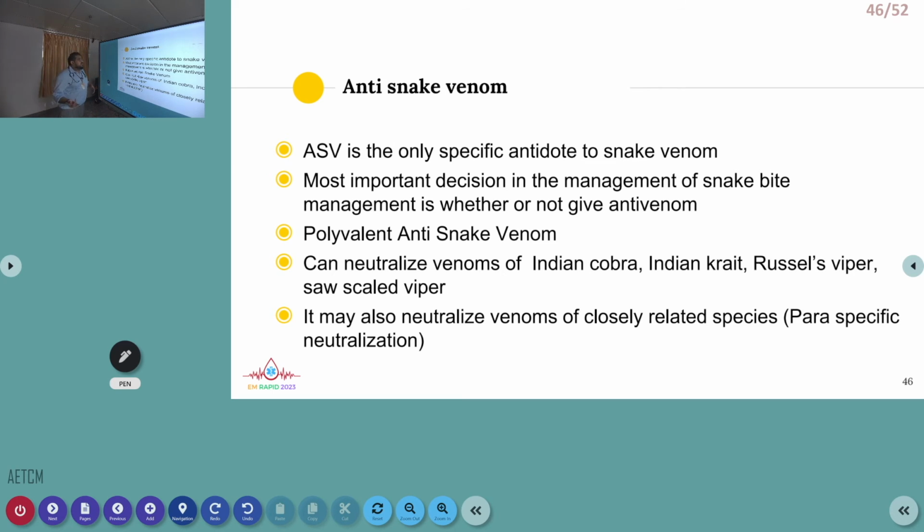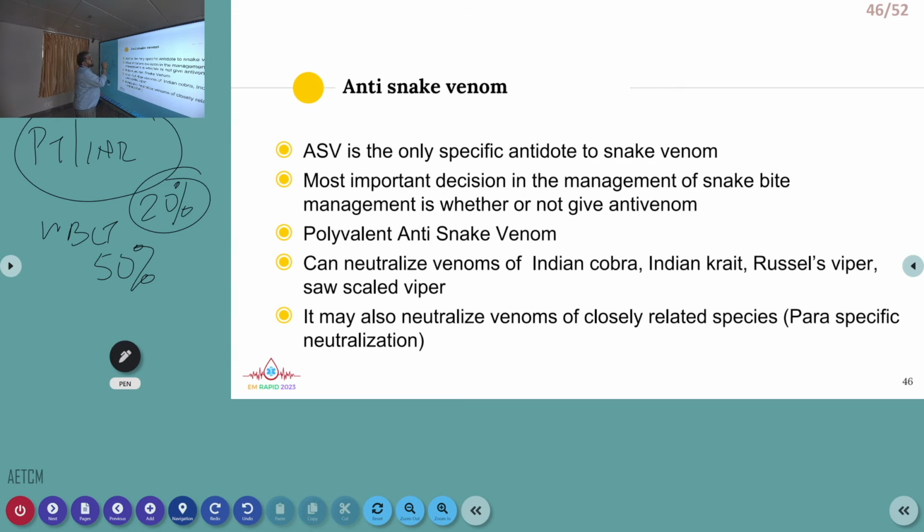And another investigation that you need, the most important one, will be a PT-INR, which is one of the earliest markers. When you see WBCT, it takes about 50% of your coagulation factors to get deranged. But when you send a PT-INR, even if only 20% of the clotting factors are deranged, it will start increasing. So you can look for the hemotoxic features.